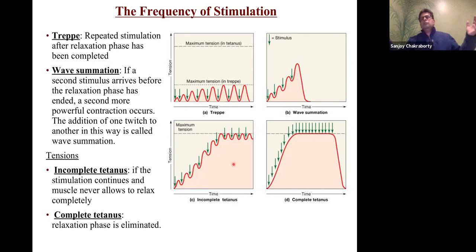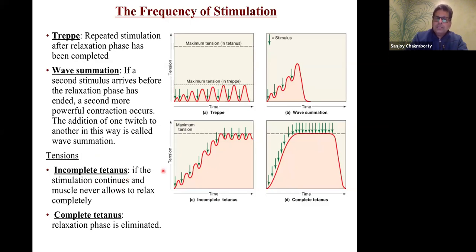Like let's say the room can only handle 70 students. So no matter how many come, after 70, we can't take more students. Same thing here. After some time, we have all sarcomeres and 100% calcium attendance. Every troponin molecule is engaged. No more, maximum tension is reached. Nothing happens. That phenomenon is called incomplete tetanus.